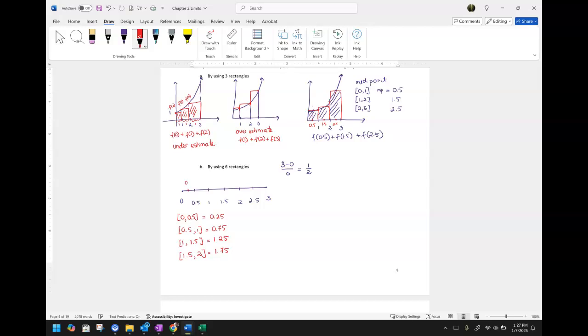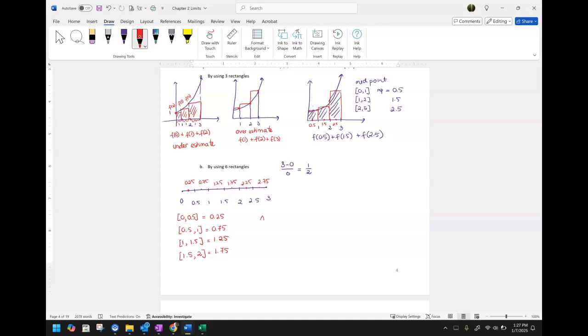So these are 0.25, 0.75, 1.25, 1.75. The next one is 2.25, and the last one is 2.75. Note that since we use 6 rectangles, the width of each of these rectangles is 1/2, not 1.